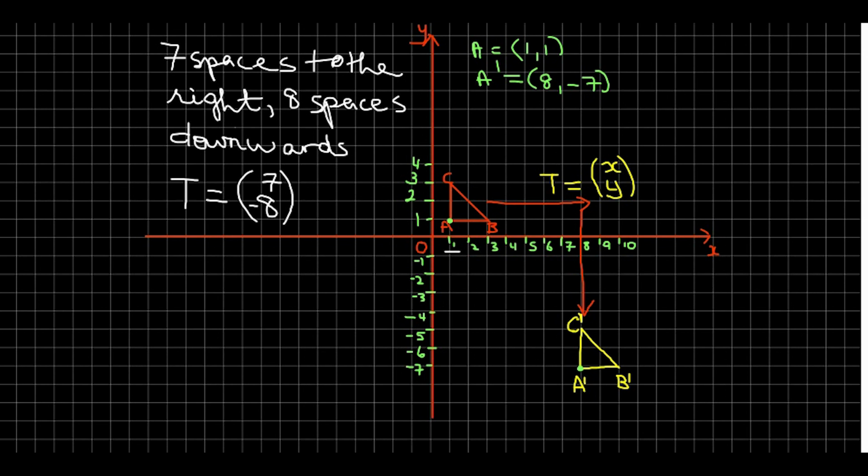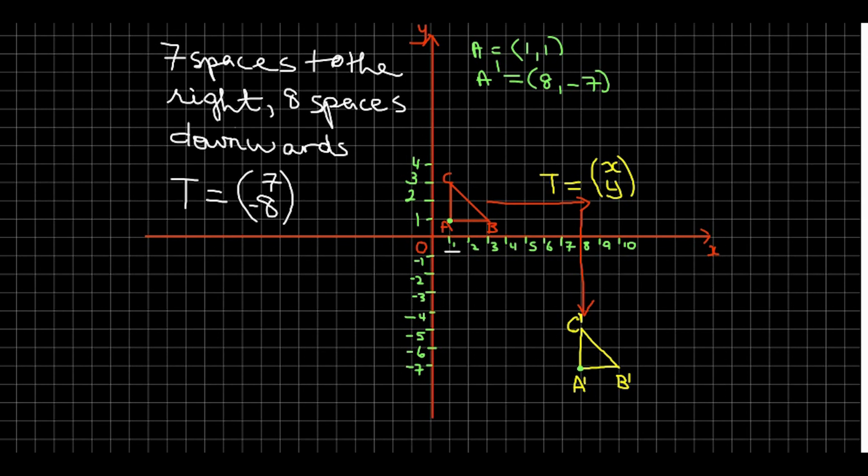If you'll pay attention to the translation vector here, because my movement is downward, this is the reason why I'm going to use a negative 8. It's not going to be positive, because positive would indicate that we moved upwards. So the signs are very important with our translation vector. Depending on the direction we move in, that is going to determine the sign of the numerical value that we have for our movement in the x direction or the y direction.